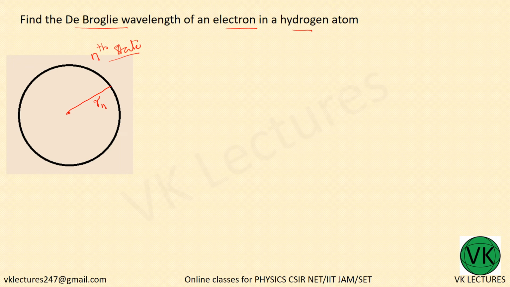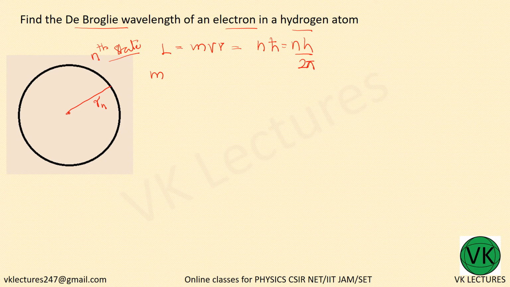Now we know angular momentum L is nothing but mvr, r cross p. From here we need mvr, that is quantized: quantization of angular momentum, which is nothing but n h cross, or you can write it as nh divided by 2 pi.